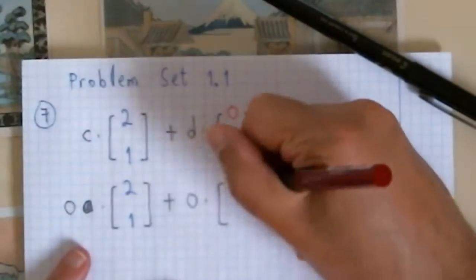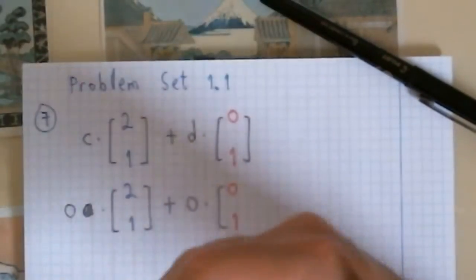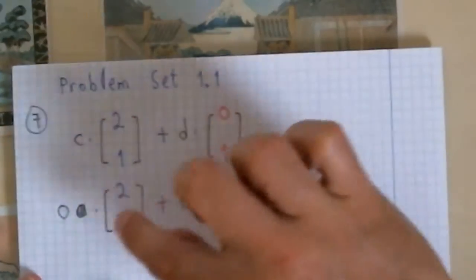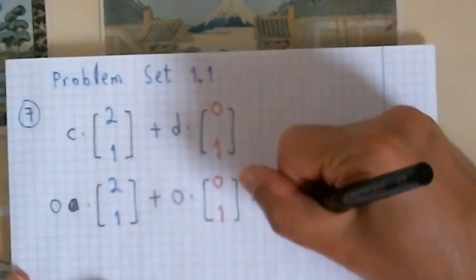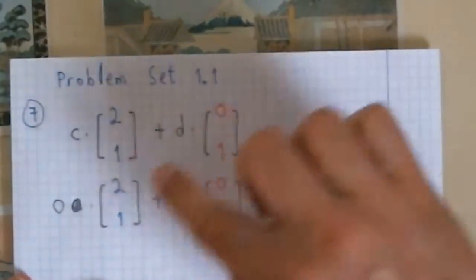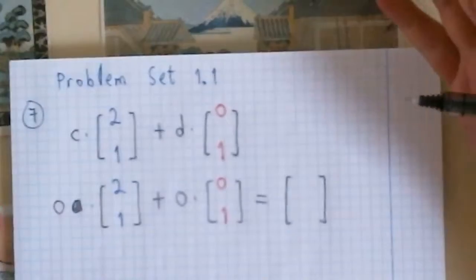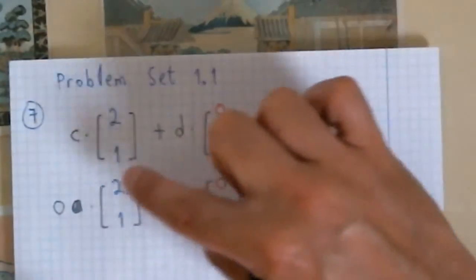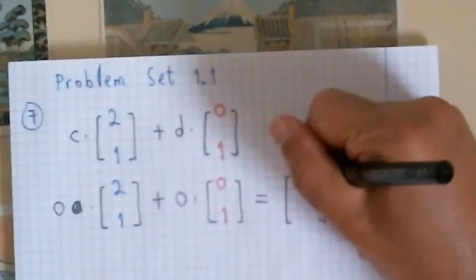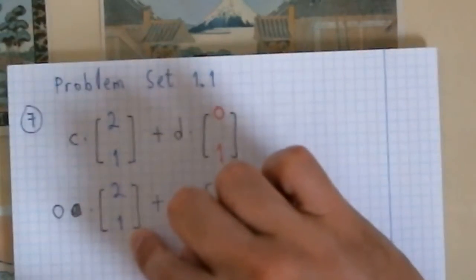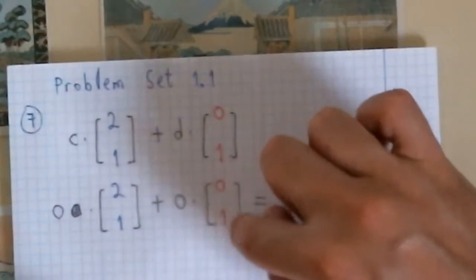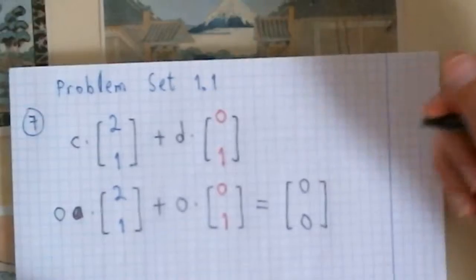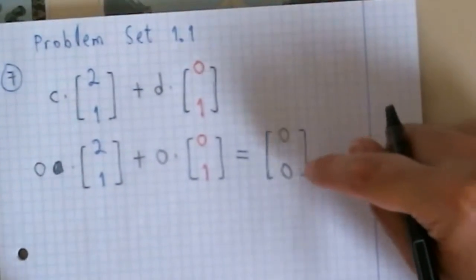The red vector is 0 and 1. And how much does it give us? 0 times 2, which is 0, plus 0 times 0, which is 0. So 0 plus 0, it's 0. 0 times 1 is 0, plus 0 times 1 is 0. 0 plus 0 is also 0. So the first vector we need to draw is 0, 0.